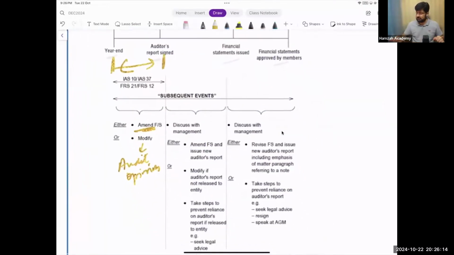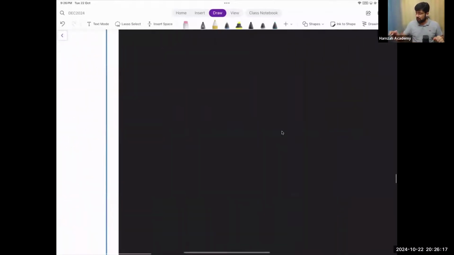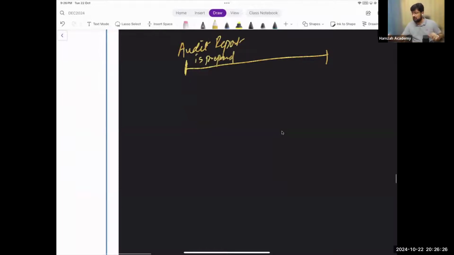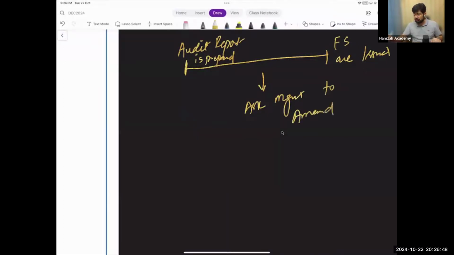Now, students, during this time, the audit report is prepared, not issued, right? And before financial statements are issued to shareholders, during this time, some facts come to the knowledge of the auditor. The auditor asks management to amend financial statements accordingly, whatever they are.